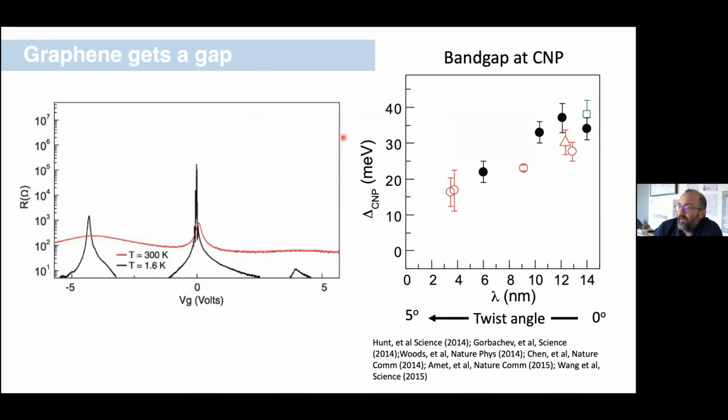Okay, what we find is that that gap is not huge, a few tens of meV, but that's measurable at low enough temperature. And what we find is that the size of that gap depends on the angle. So now we have the ability to not only distort a little bit the graphene band structure, we are actually turning it from a semi-metal into a semiconductor. It's really what's happening. And the size of the gap of that semiconductor is angle tunable as you vary the graphene BN orientation.